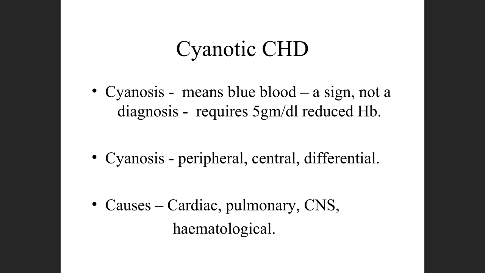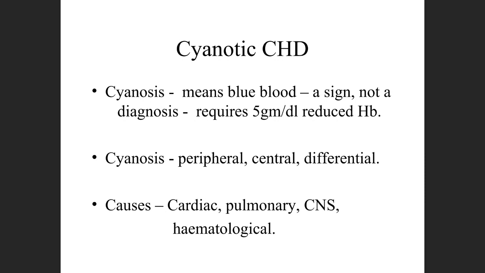Cyanosis really means blue blood, and it is a sign, it is not a diagnosis. And it usually requires that the patient who's being observed has 5 grams per deciliter of reduced hemoglobin.